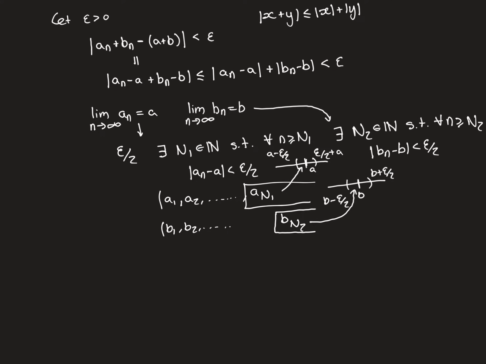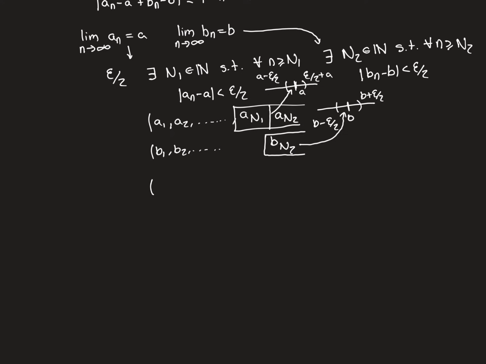Now, if I then looked at the corresponding term in the A sequence, so the A N2, I'm assuming this one is the bigger one, I'm saying go along to that term A N2, which is after the term A big N1. It's still going to be true that for that term and all the terms onwards, they're going to be inside there. So here's now the final idea.